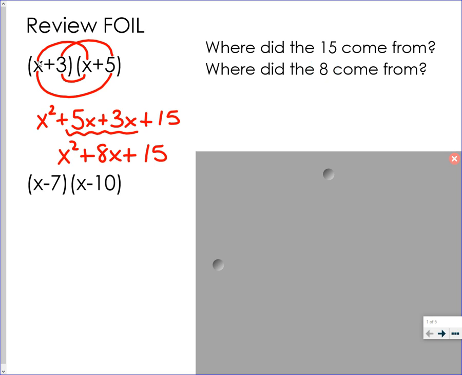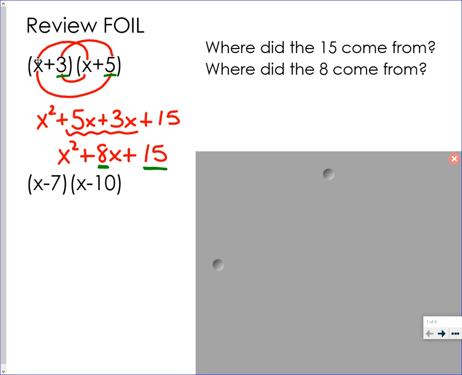Now, look at what we have. Before we had the 8x, we had 5x plus 3x. That was really from adding the 5 and the 3. So again, what I'm saying here is this number came from multiplying the 3 and the 5. This number came from adding the 3 and the 5.